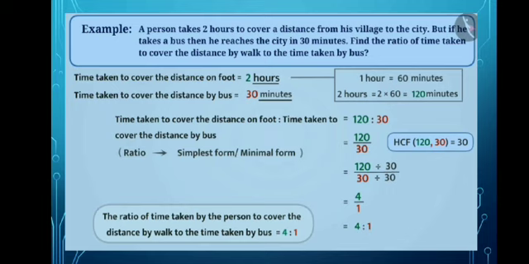The time taken to cover the distance on foot is equal to 2 hours, and the time taken by bus is equal to 30 minutes. The time taken on foot is to the time taken by bus equal to... We have to convert the 2 hours into minutes. We know that 1 hour is equal to 60 minutes.